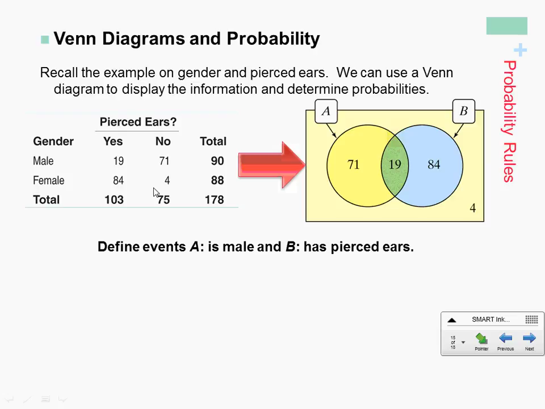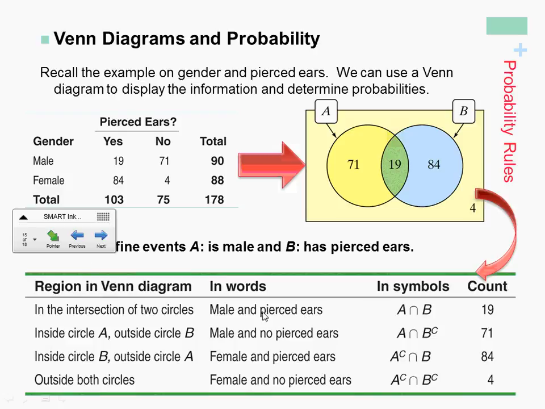Male and pierced ears is going to be 19. Male and no pierced ears would be 71, because they're male and they don't have any ears pierced. I like to say this though: which is the section that has male and no pierced ears? 71, right?